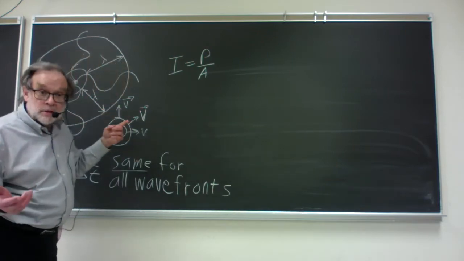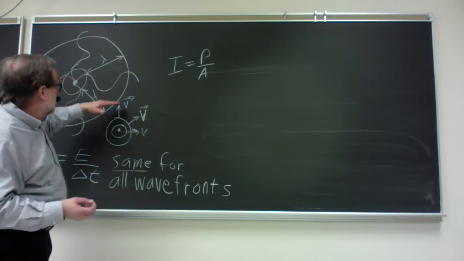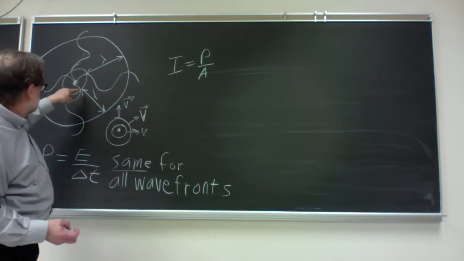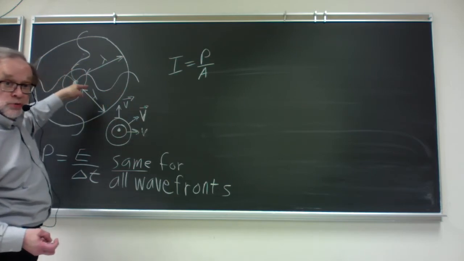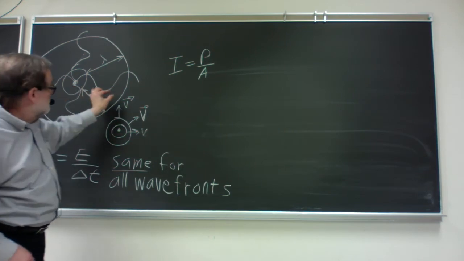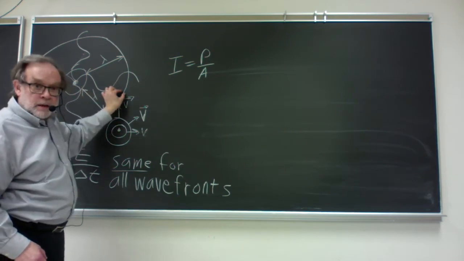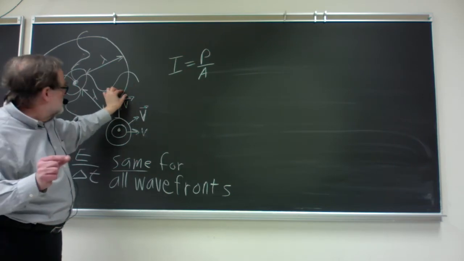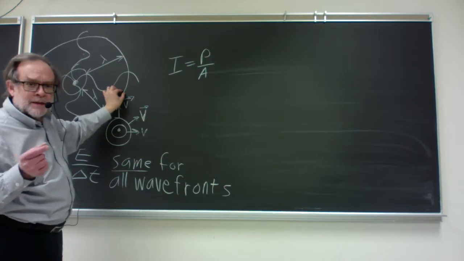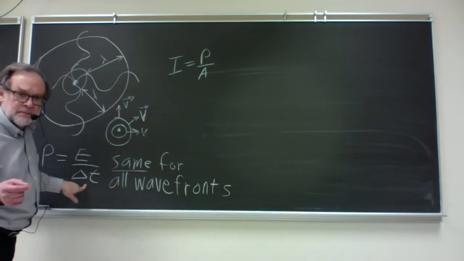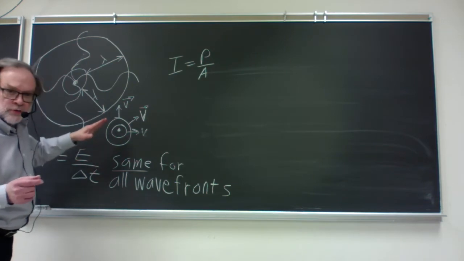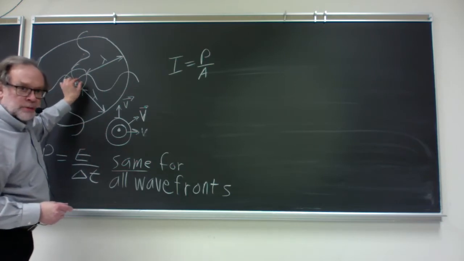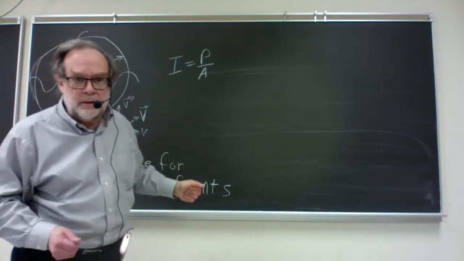So the rate at which energy passes through this big sphere is the same as the rate at which energy passes through the small sphere. If you imagined a sphere that's not perfectly thin but has a tiny little thickness of 1 millimeter or something, it takes a certain amount of time for each piece of this wavefront to move through that 1 millimeter, and it takes the same amount of time whether you're talking about this wavefront or this wavefront because they're moving at the same speed.